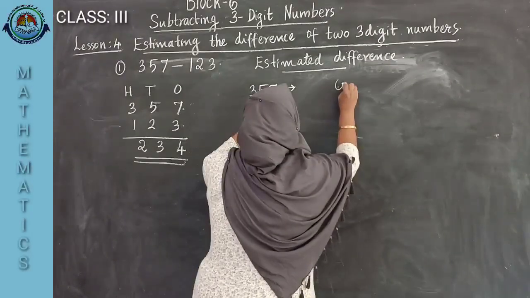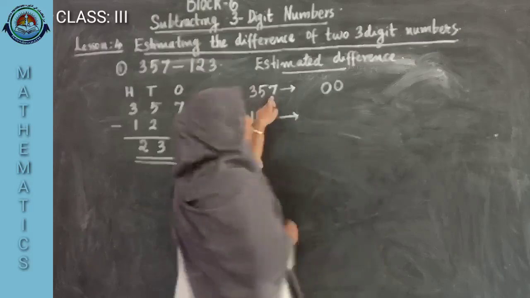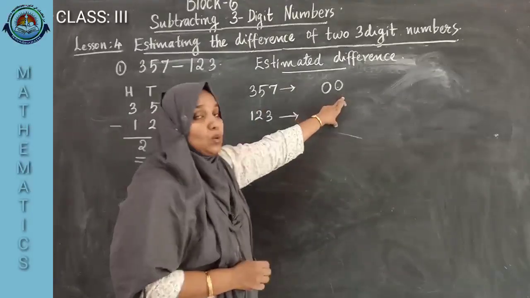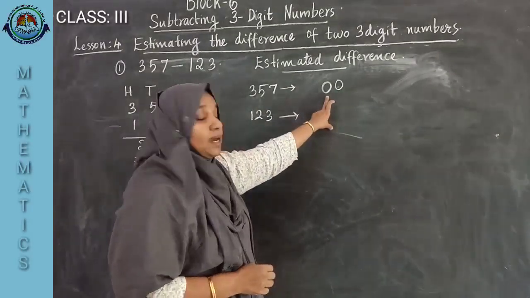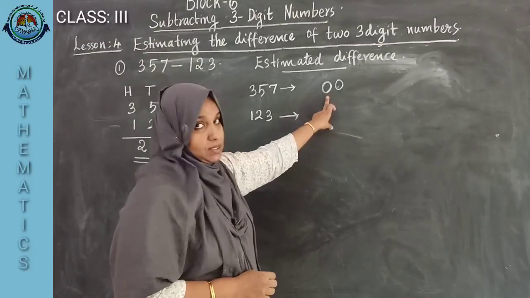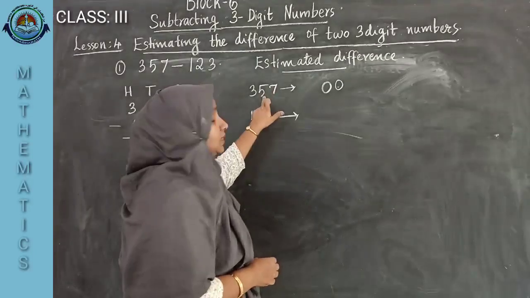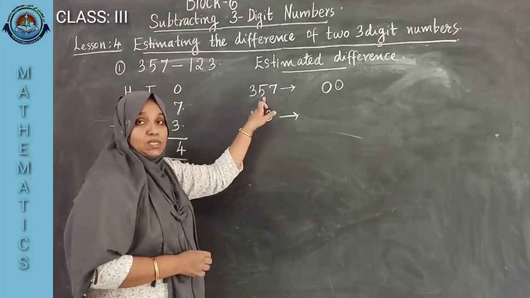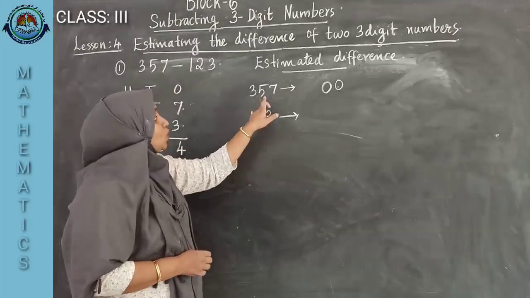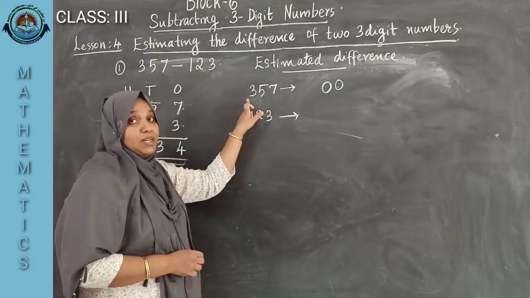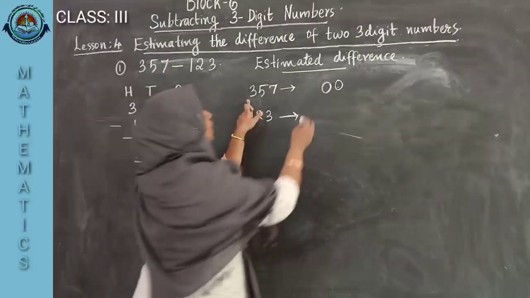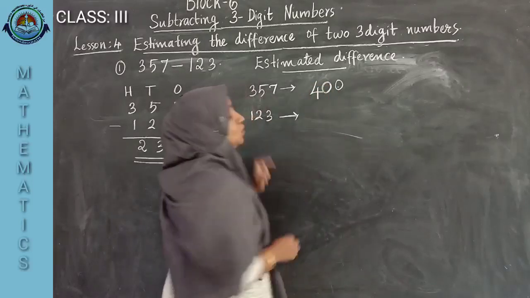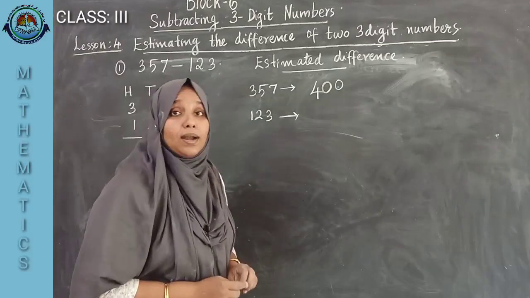After rounding off, the digits at the ones place and the tens place become zeros. Check the digit at the tens place. It is 5, so we should add 1 to the digit at the hundreds place. On rounding off, we got the number 400.